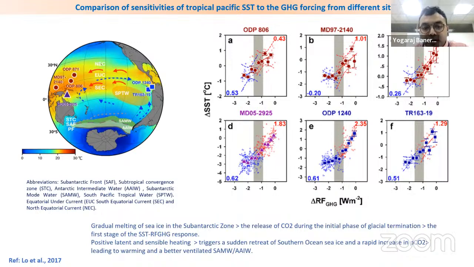Then the positive latent heat and sensible heating happen, and that triggers a sudden retreat of the Southern Ocean sea ice and a rapid increase in the pCO2, and it leads to a warming and a better ventilated SAMW and AAIW, that is the Antarctic Intermediate Water and the Subantarctic Mode Water. So this sea ice driven mechanism is what they have proposed in this paper.